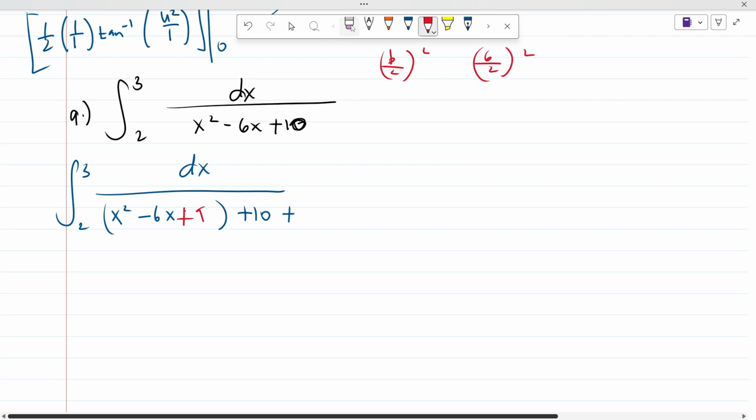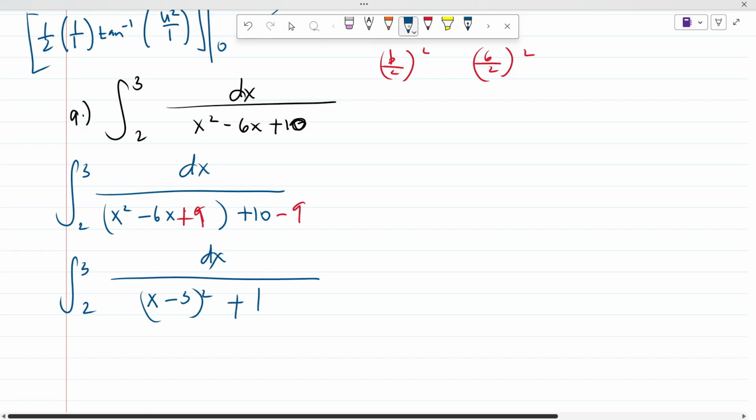Then, sa kabila, guys, kung ano yung dinagdag mo sa kabila, guys, yun yung babawasan natin. Minus 9 nun. Parang 9 minus 9 is equals to 0. Parang walang nangyari. Gets? 3, 2 dx x minus 3 then squared plus 1. Di ba? Gets pa?